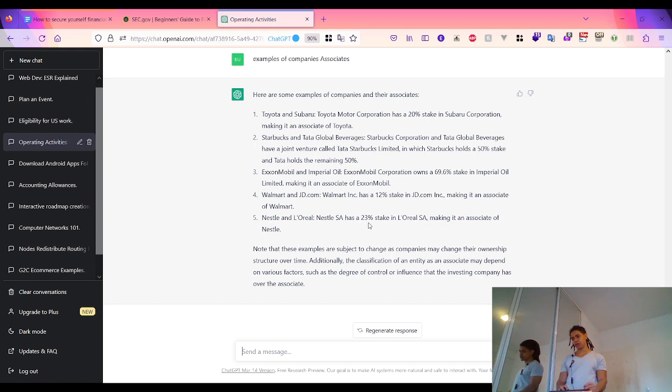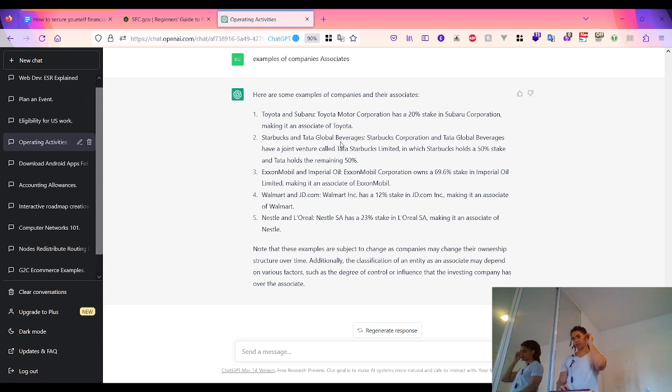Nestlé has a 23% stake in L'Oreal SA, making it an associate of Nestlé. Toyota and Subaru: Toyota Motor Corporation has a 20% stake in Subaru Corporation, making it an associate of Toyota.